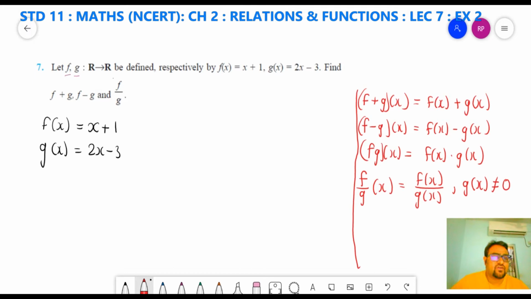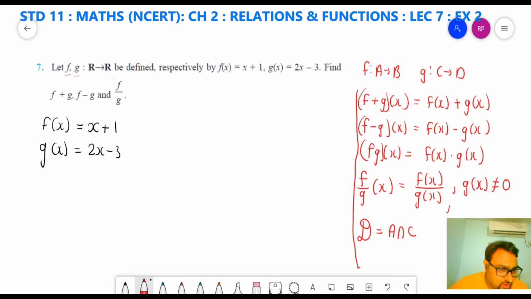And see, if the functions are defined in this way, f from A to B, g from C to D, then in all these cases the domain will be equal to A intersection C. It means you can only take the value of x if it belongs to A and it belongs to C. There is one more thing here.